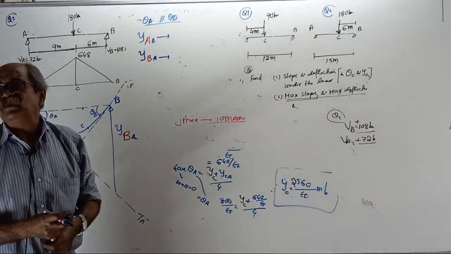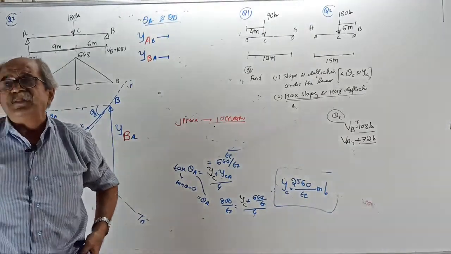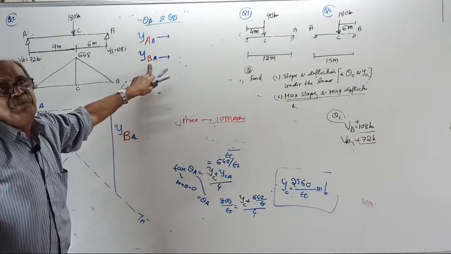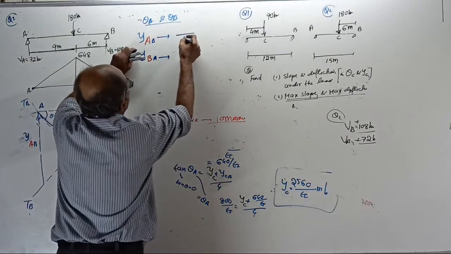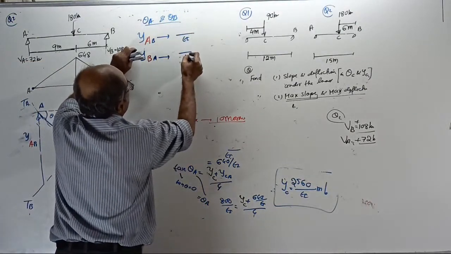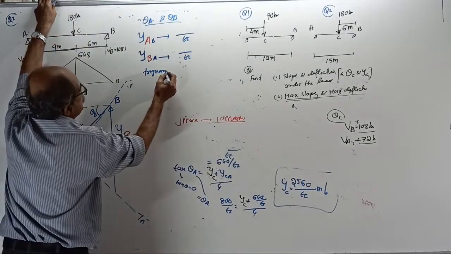Someone will say, sir, it's already removed. After the class is over tomorrow, write a fair copy, then write the moment of the area of the BM by EI diagram between B and A about B. Happily get these two values by EI. Then apply trigonometry.